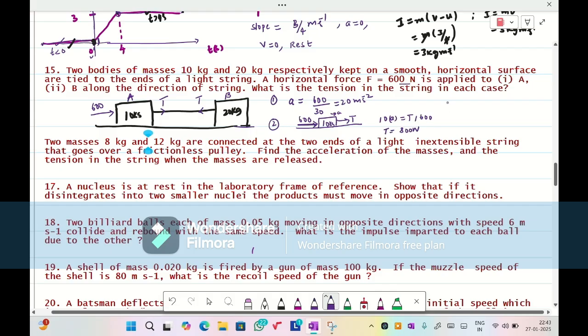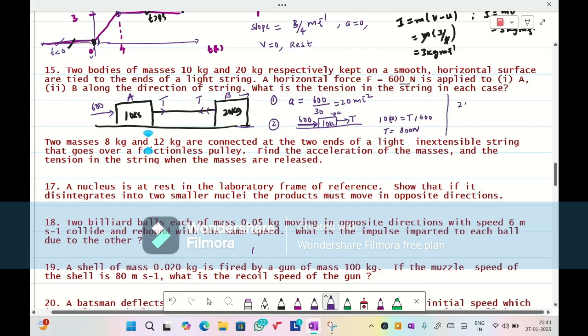So we'll verify with the 20 kg now. If you take this acceleration 20, tension is always a pulling force, away from the body. He's asking along the string, which means 600 is also acting in this direction. If you take this direction for 600, T is coming negative. So that is wrong, because T cannot be negative. That's why the acceleration is in the direction of the 20 kg also.